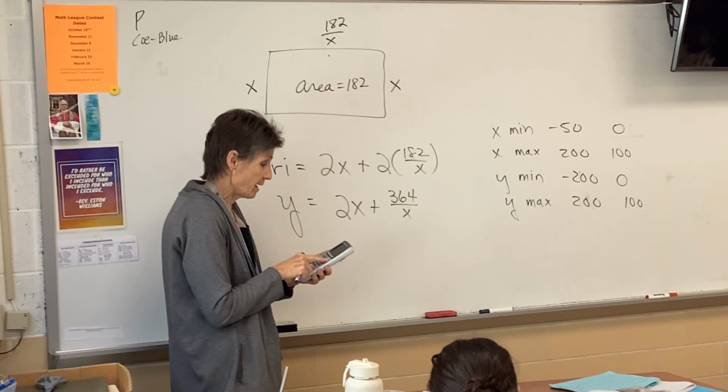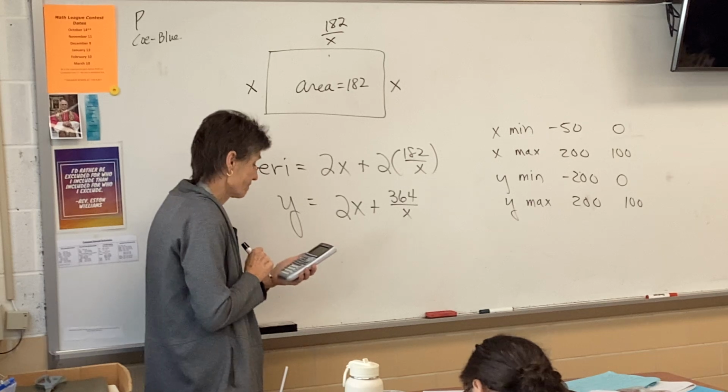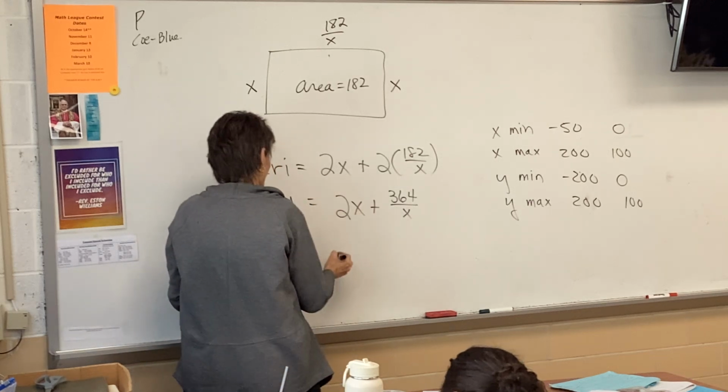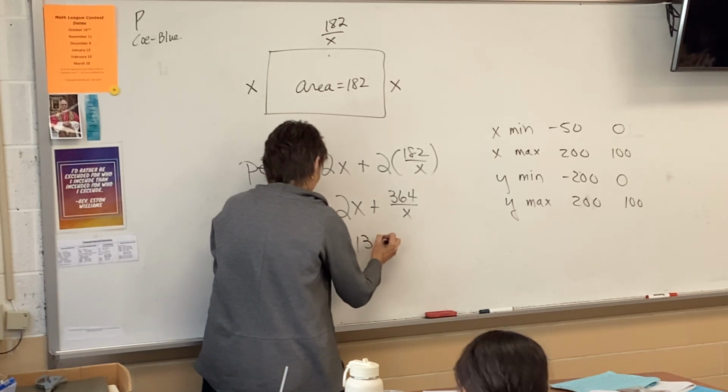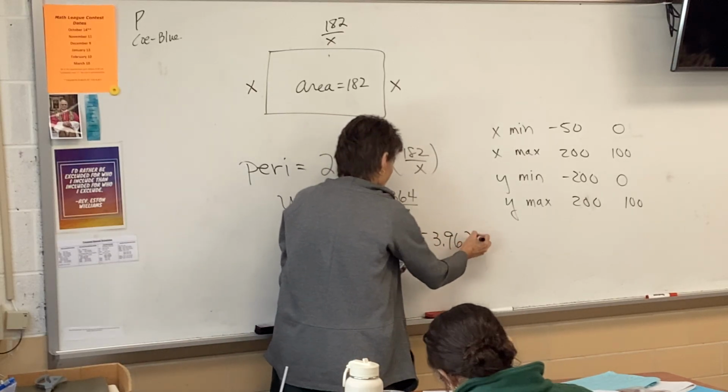And I got, for my minimum point, 13.491, comma, 53.963.